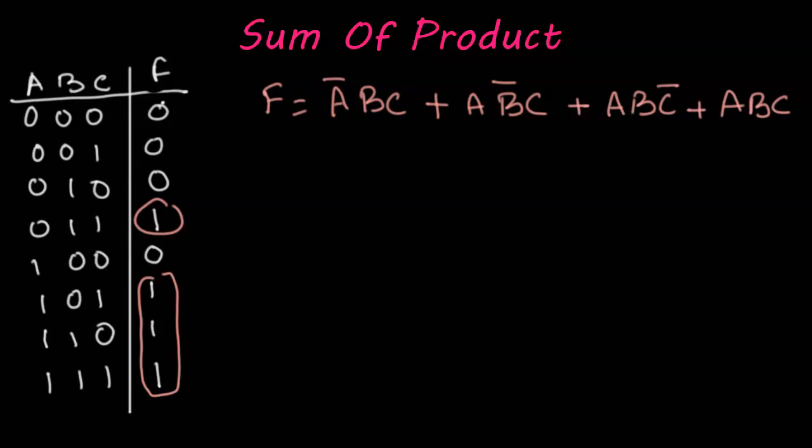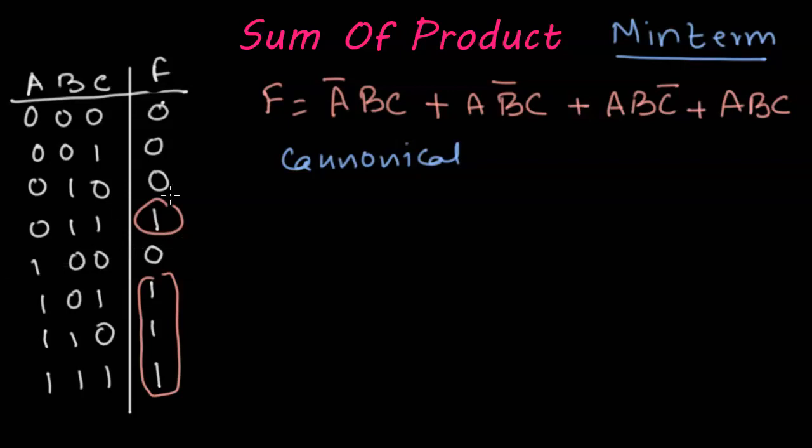The point to be noted is that in the sum of products, each term is a minterm. So the sum of products is actually the addition of minterms. As each term has A, B and C in it, this is the canonical form.